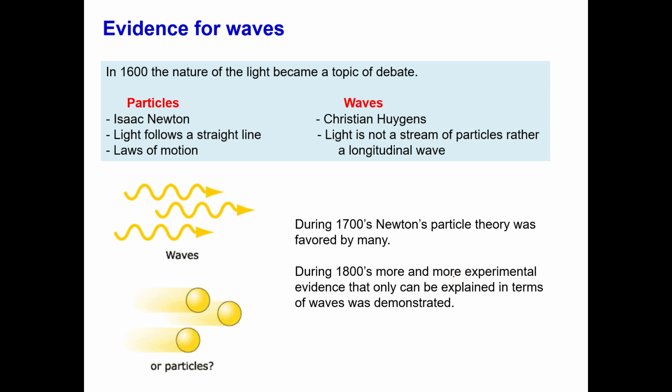And the main thing he says is because the light travels in a straight line, and also because we can explain the motion of the light using the law of motion.